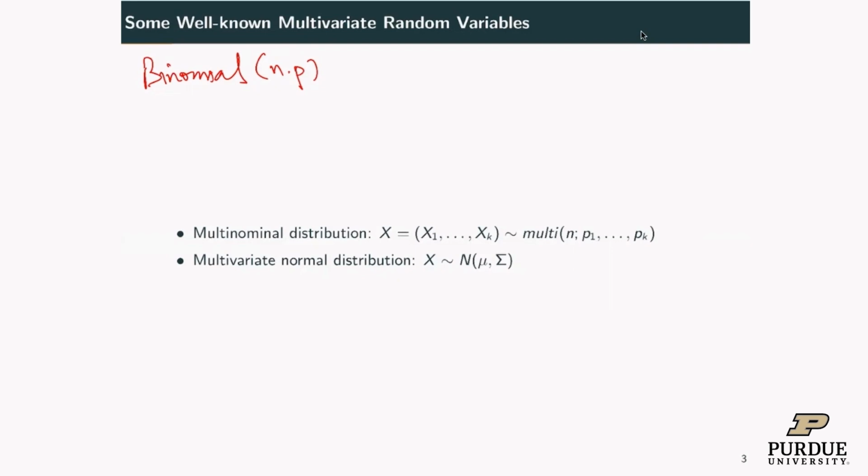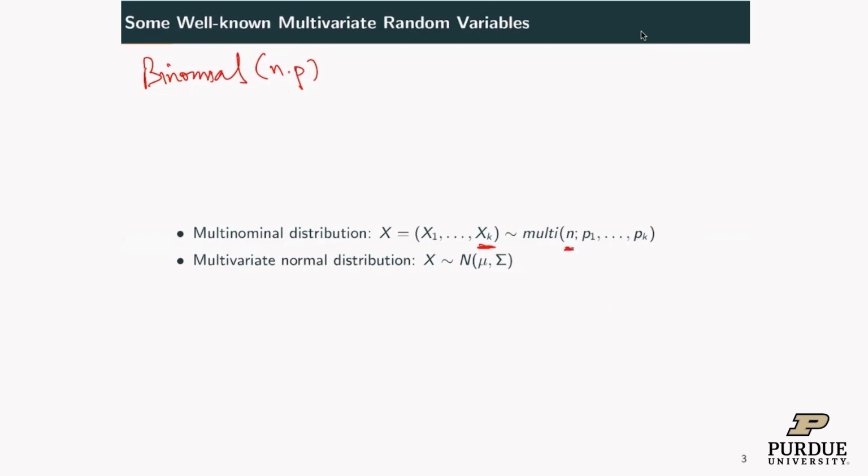For the multinomial distribution, for each experiment, you have k options. For example, you toss a die, you have 6 options. The number can be 1 to 6. Now you have k options. You perform this experiment n times.